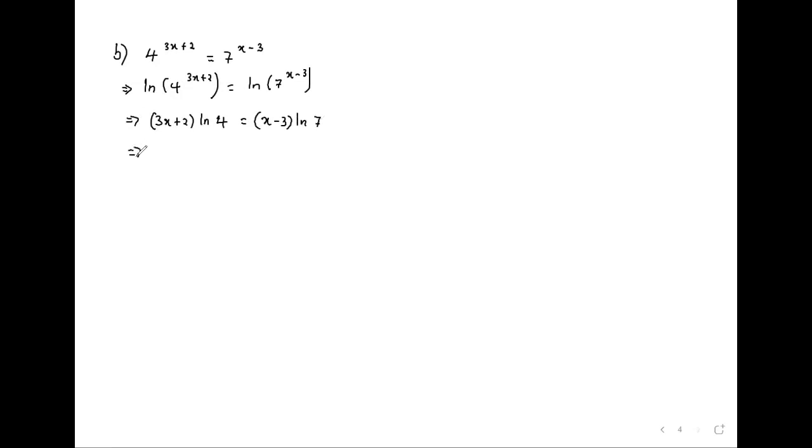From there, we can do the expansion. So we have 3 ln 4, the coefficient of x, plus 2 ln 4 is equal to x ln 7 minus 3 ln 7. So we want the x's to be together. So we have 3x ln 4 minus x ln 7 is equal to negative 3 ln 7 minus 2 ln 4.